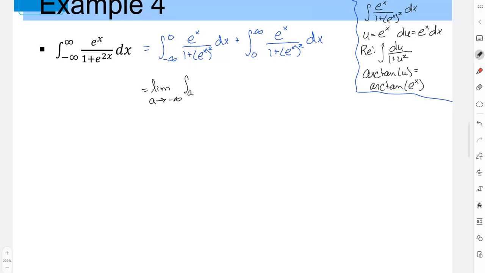of a to 0 e to the x over 1 plus e to the x squared dx plus the limit. Now as b goes to infinity, replacing this upper limit there with a b, 0 to b, e to the x over 1 plus e to the x squared dx. So I'm taking the limit.